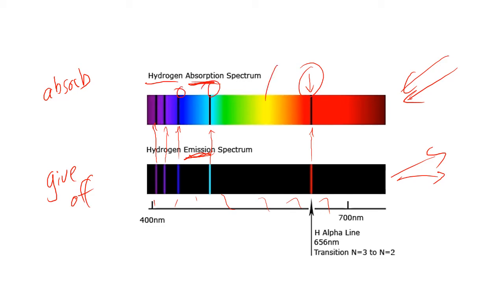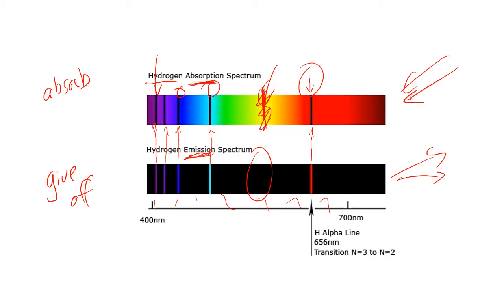Now, this energy, for example at this level, is useless to it, so it will just bounce off, because there is nothing that it can do with that energy. So these are the particular amounts of energy that it can use.